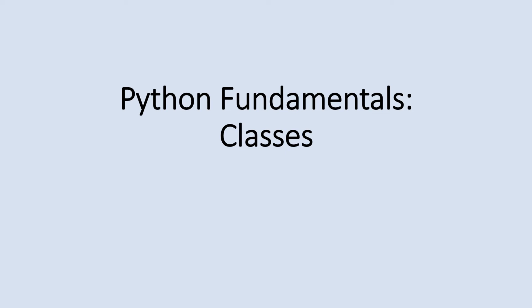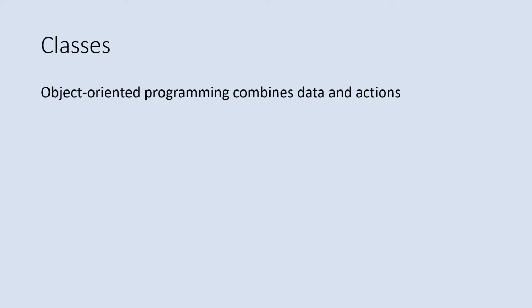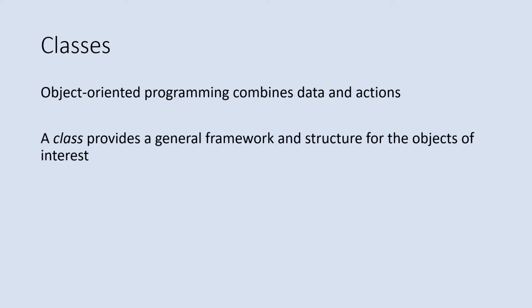Let's take a brief look at object-oriented programming with Python and the use of classes. Object-oriented programming combines data and actions, or methods. So you have instances of a class that contain data that are specific to that instance, and then methods that are accessible by all members of the class.